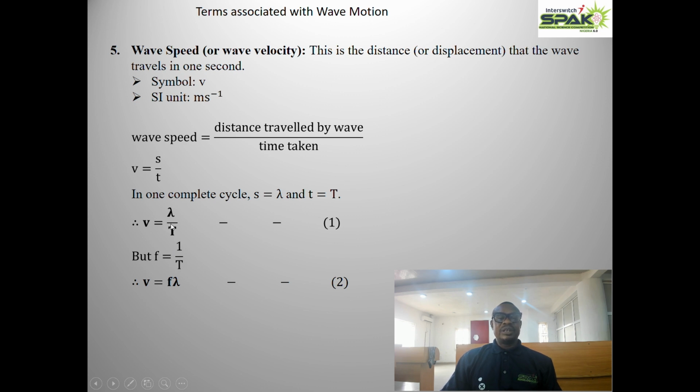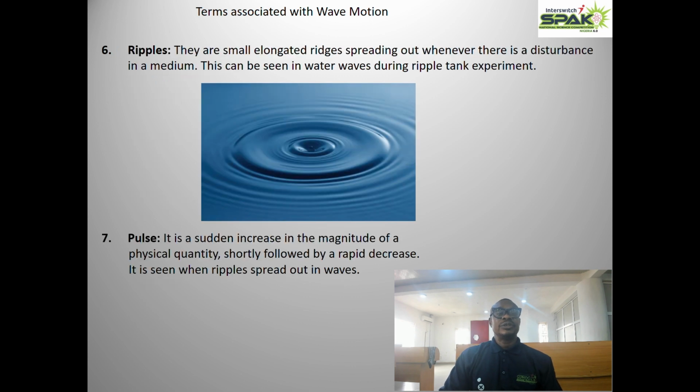So if I now break this to become lambda times 1 over T, I know that 1 over T is equal to f. So it means v is lambda times f, or f lambda. So that is how we got this equation for wave speed. As I said earlier, we'll be using this formula much in these studies.